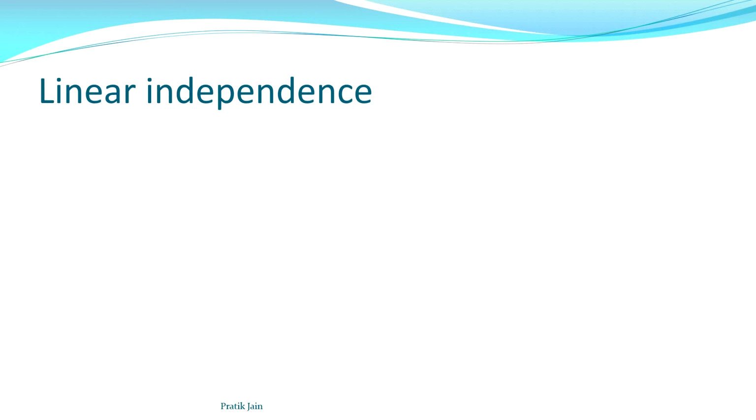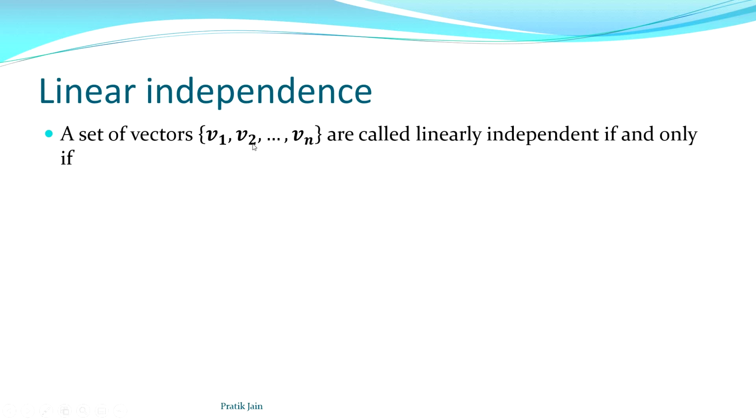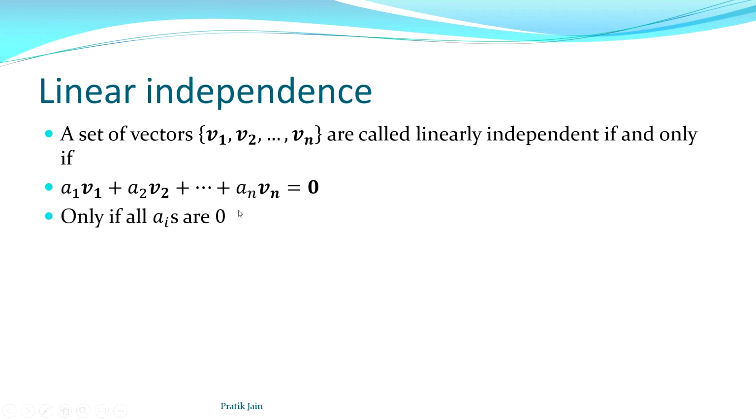Right, so coming back to linear independence. A set of vectors is called linearly independent if and only if this thing is satisfied. Okay, just let me give you an idea of where this came up.